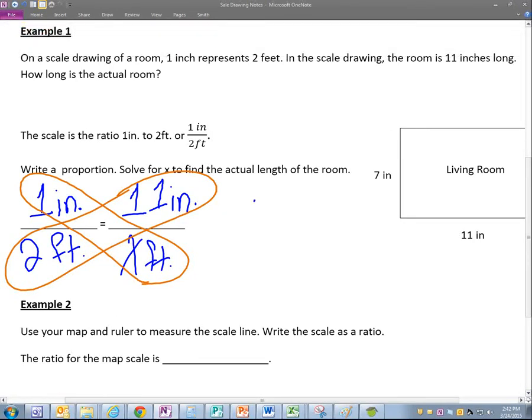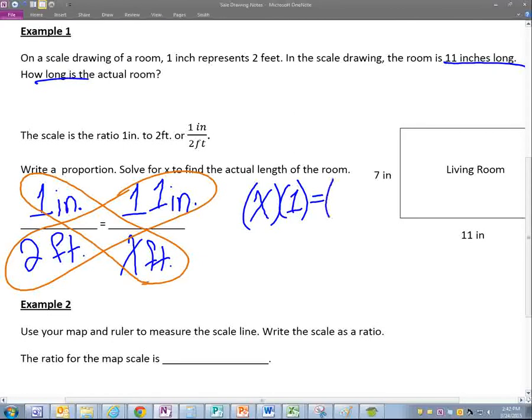which would give me x multiplied by 1. I'm going to use parentheses here. Nope, we don't need to. We could. But it's telling us that the model is 11 inches long, and we're finding out how long the room is. So since this is referred to the word long, that's where we're using that one.